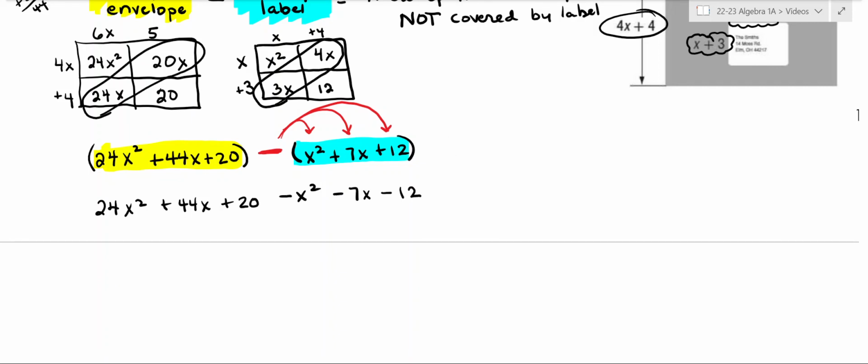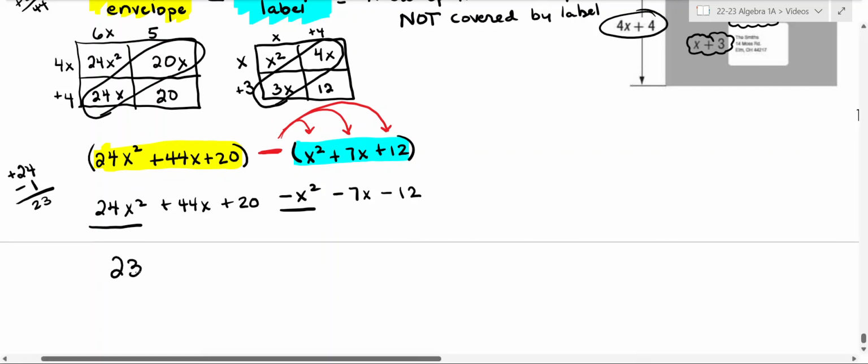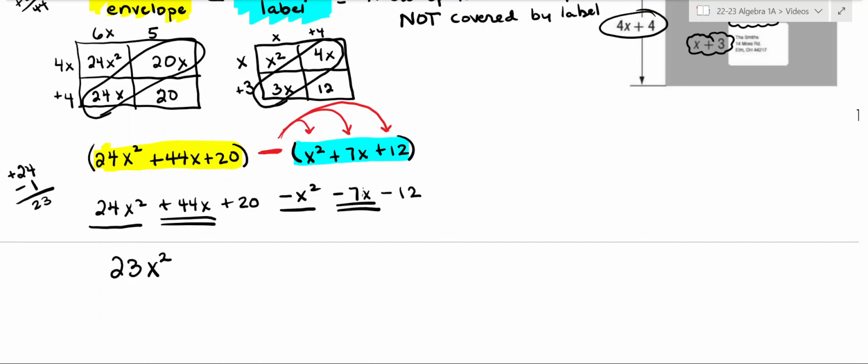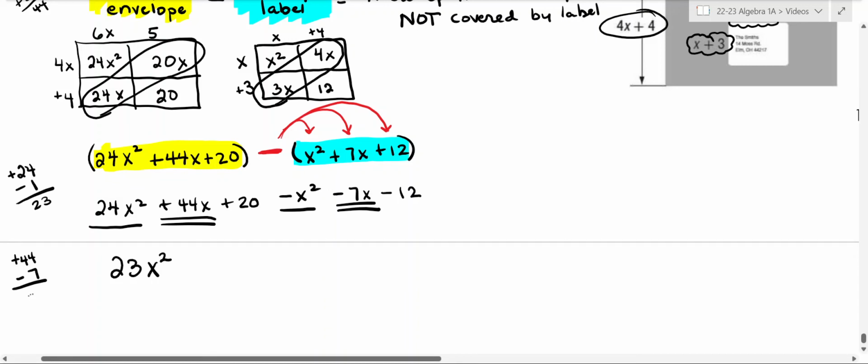Now it's time to combine like terms. When I look at this, what do I see? I see a 24 that's positive and a negative 1, negative 1x squared. So that's 23. So this is going to become 23x squared. I see a positive 44 and a negative 7. And what is that? 37.